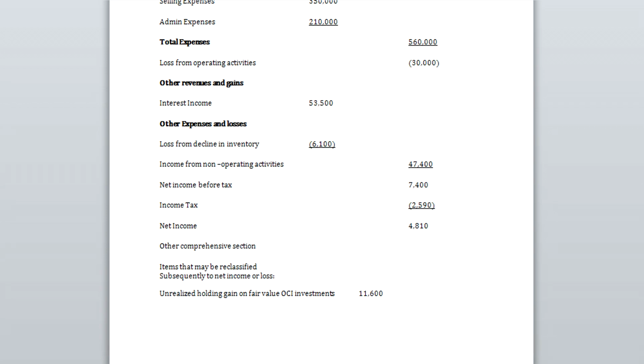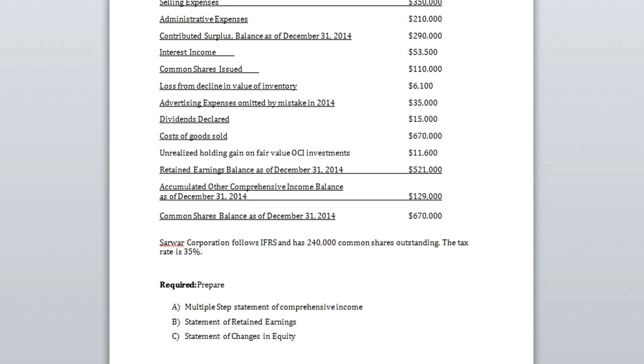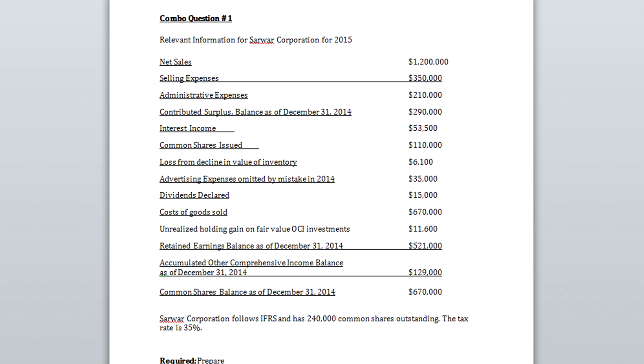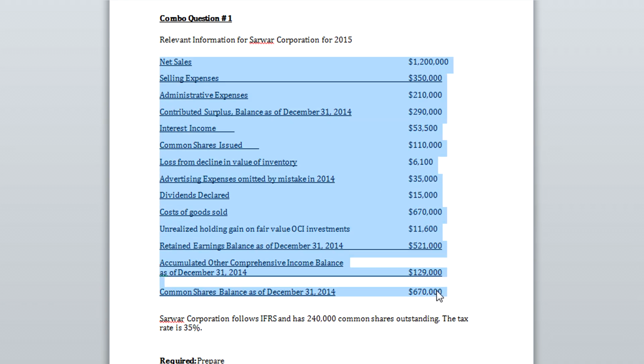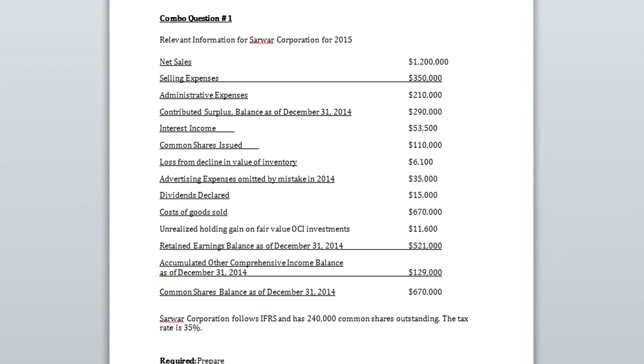Now, the thing is that this right here doesn't say that it's net of tax. All these numbers here are pre-tax numbers. If there's no brackets around it saying, for example, net of tax, then we assume that the number is a pre-tax number.